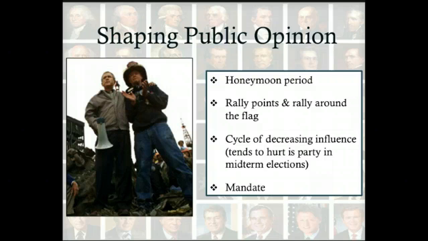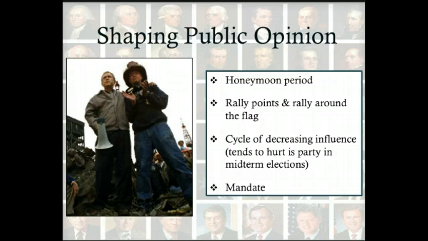So Bush, the reason I put this picture up here, is an example of when Bush got rally around the flag points, or a boost in public opinion, following his handling of 9/11. Now, the opposite is true for the way he handled Katrina.